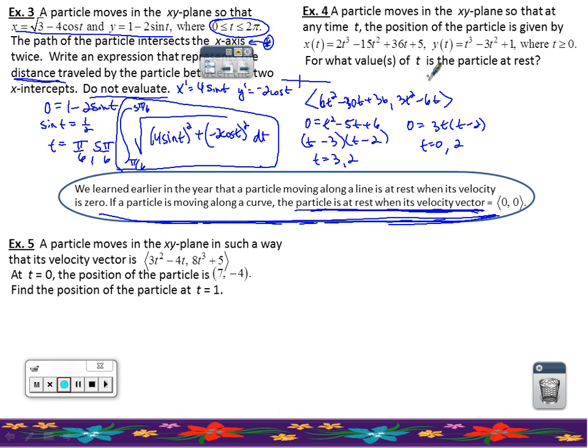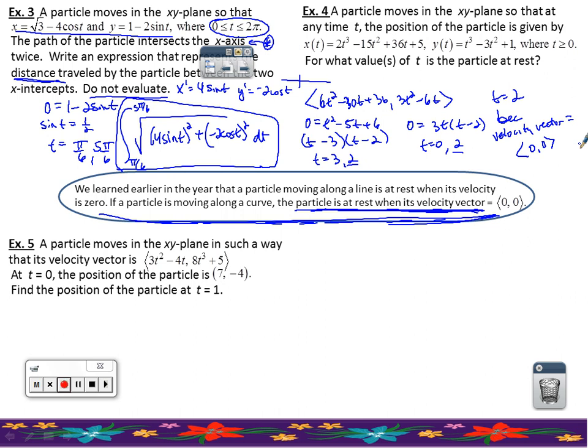Yeah, it's only moving vertically at that time, because there's no horizontal movement at 3. So what we're looking for is where they are the same. So it would be at t equals 2, because my velocity vector is 0, 0. That's what my requirements are, that both components be 0.